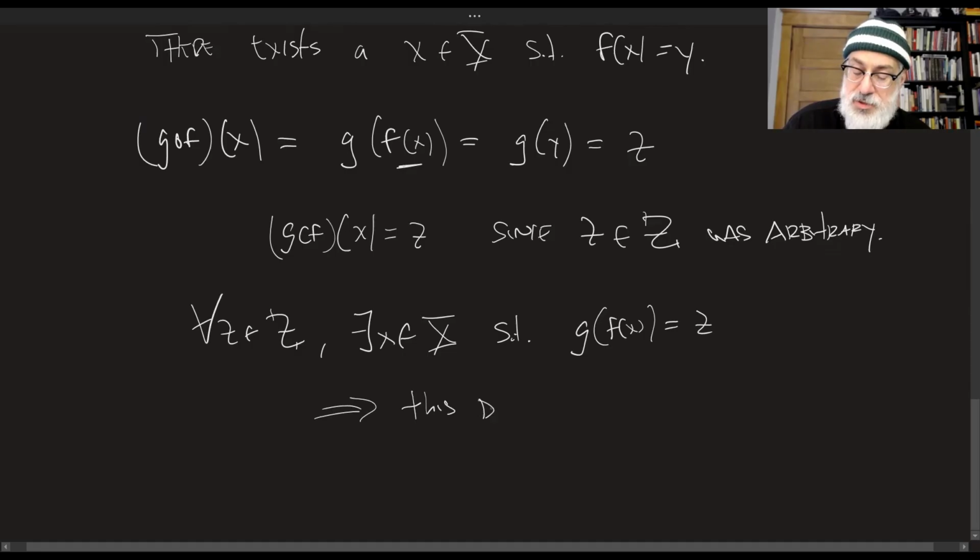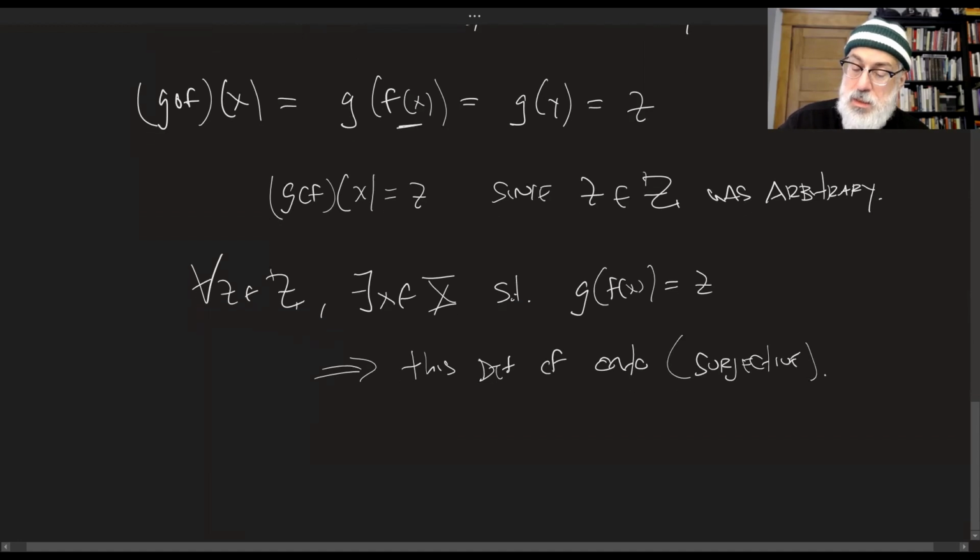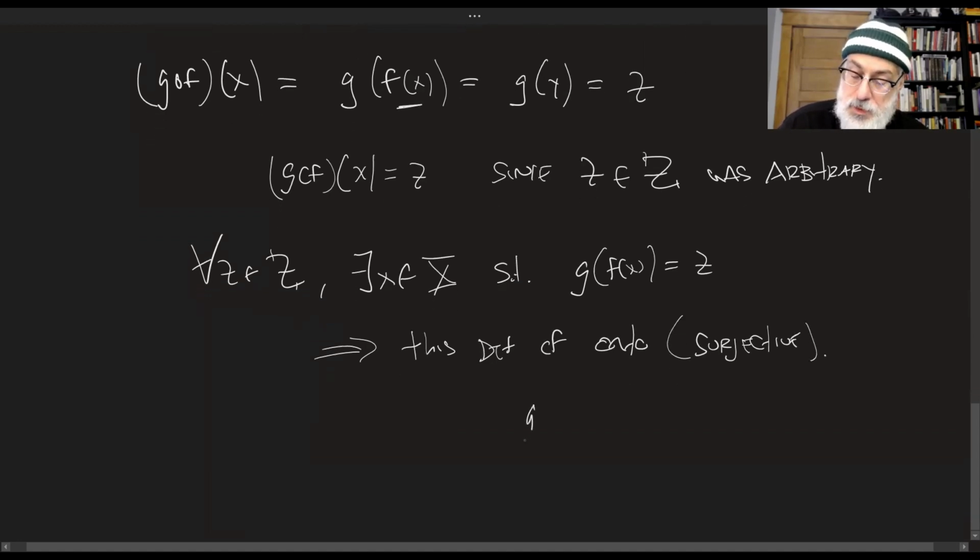This is the definition of onto, surjection. Therefore, g of f is surjective. And we are done.